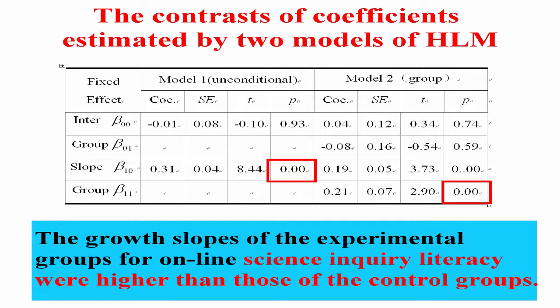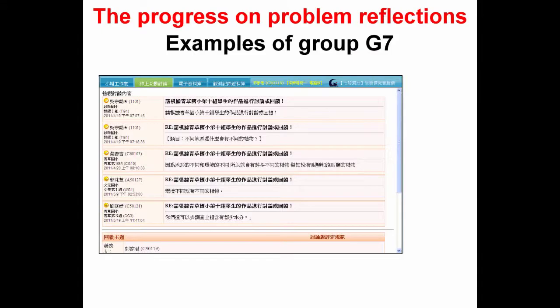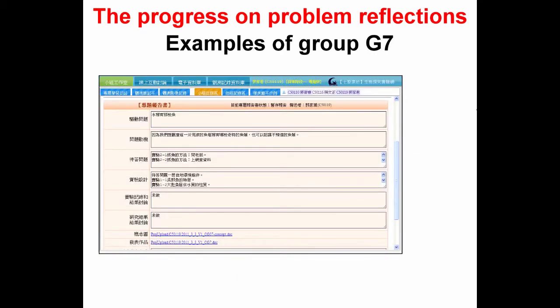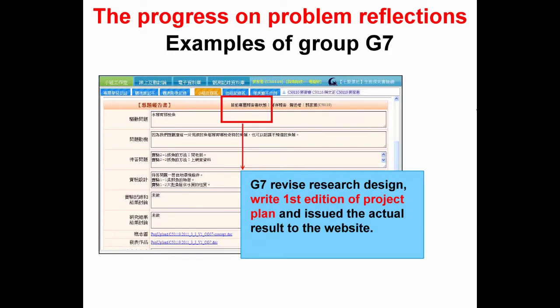The growth slopes of the experimental groups for online science inquiry literacy were higher than those of the control groups. The scientific questioning abilities of students in the experimental groups were rated according to their online discussion records. The students of the experimental groups demonstrated significant progress in their scientific questioning abilities.